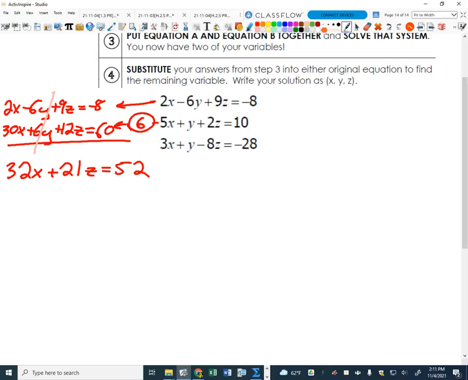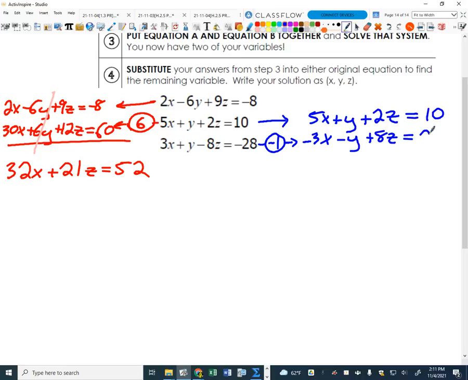So the other two really easy equations to use would be the bottom two, right? I could leave this one alone, and what would I multiply the bottom one by to get the y's to cancel? -1. So I end up with 5x plus y plus 2z equals 10, and -3x minus y plus 8z equals positive 28, right?